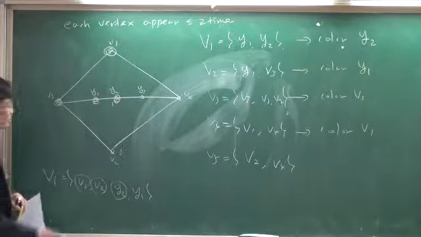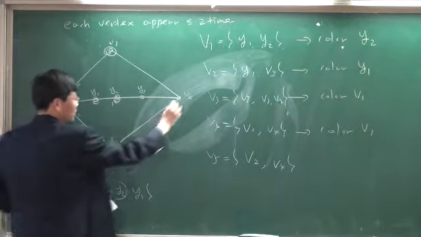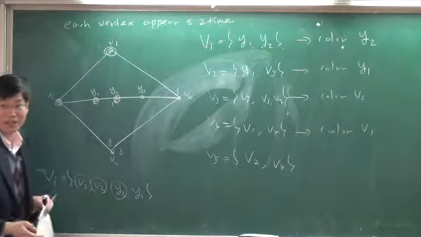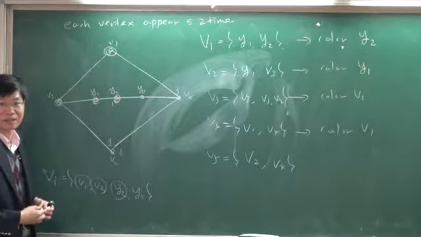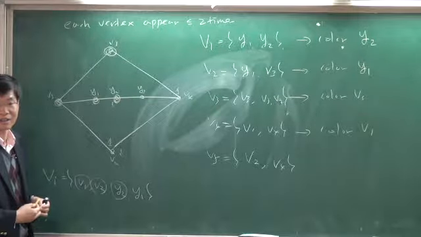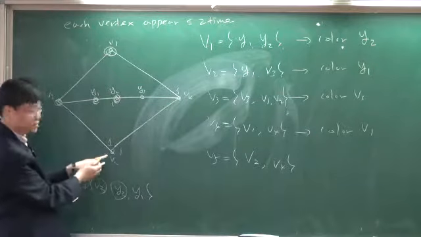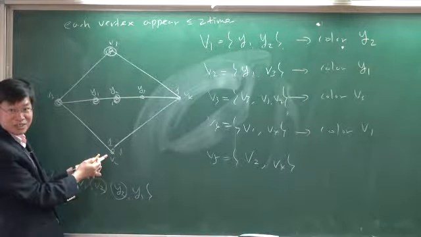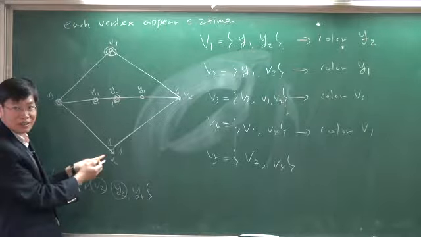The remaining chance is only this one, right? So we lost. V4 has to be chosen. If V4 is chosen, then V2 has no more chance. Right. So both of them have to be chosen. So we lose.